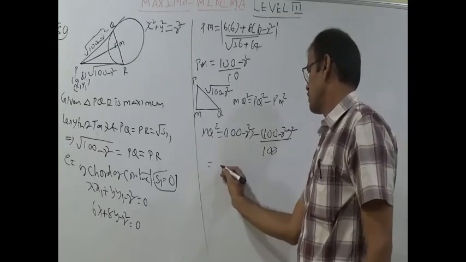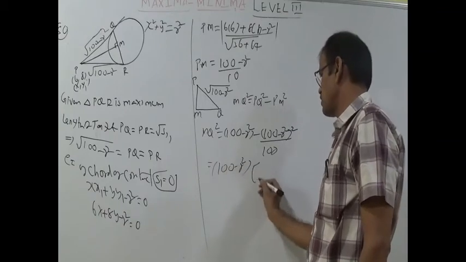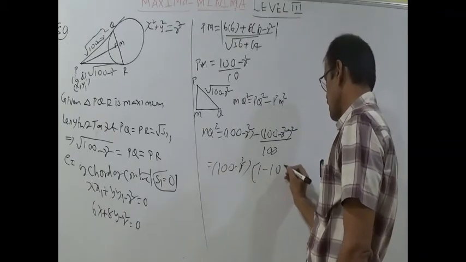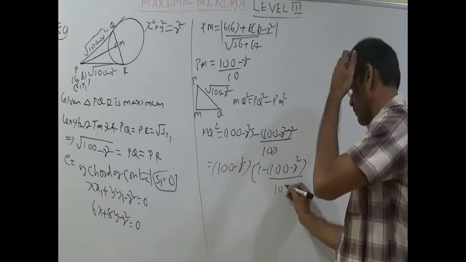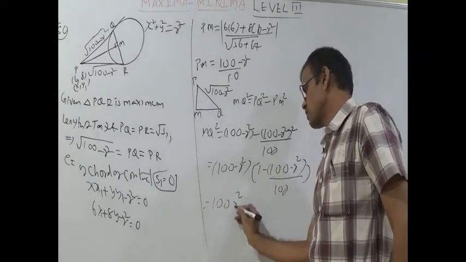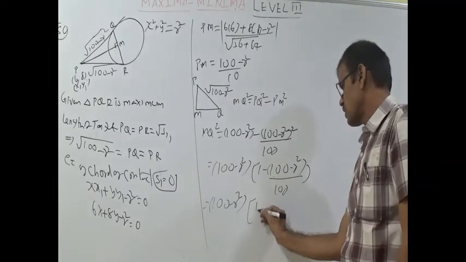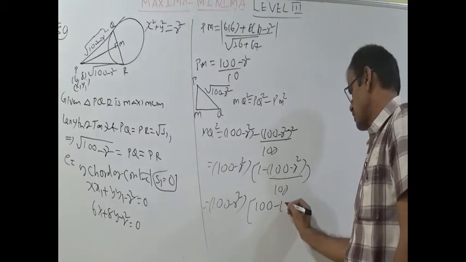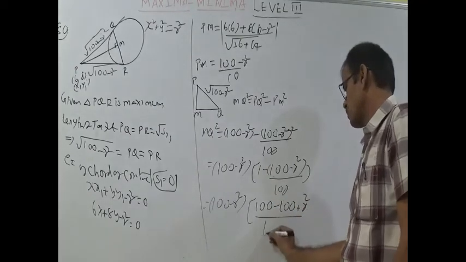Now we can write, taking common, 100 minus r square into 1 minus 100 minus r square whole by 100. That is equal to 100 minus r square into, taking 100 as LCM, 100 minus 100 plus r square whole by 100.